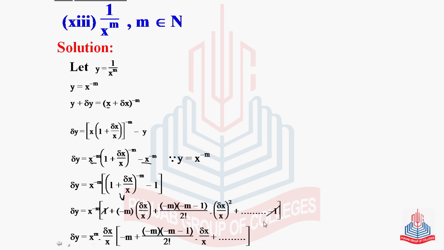as a common term, we have delta y is equal to x raised to the power minus m delta x over x, and from here we have minus m plus minus m minus 1 over 2 factorial and delta x over x raised to the power 1 and so on.